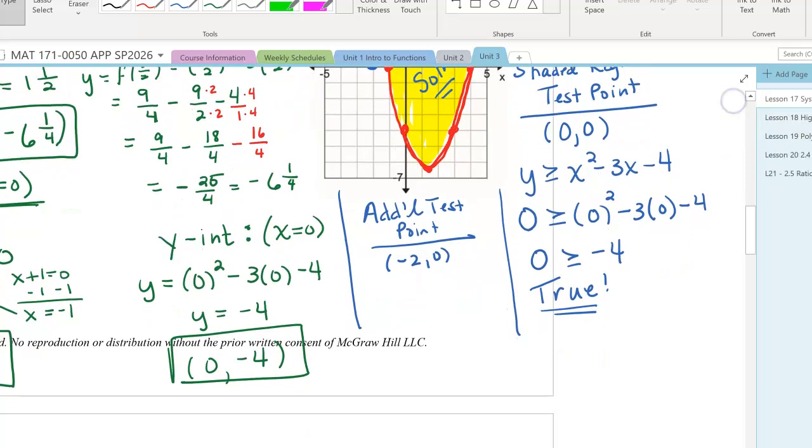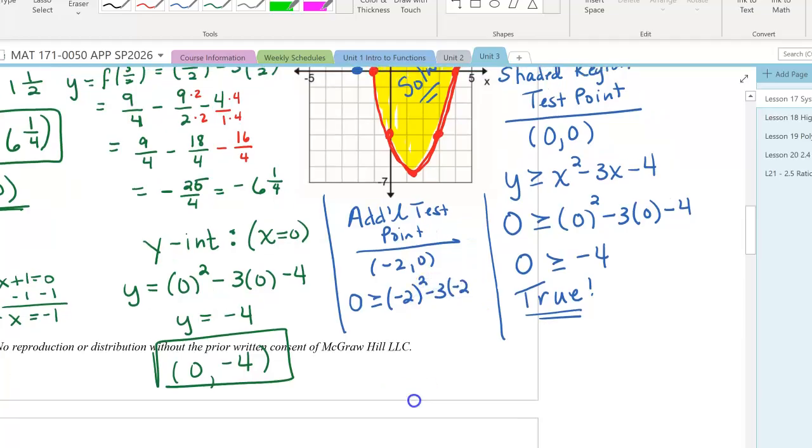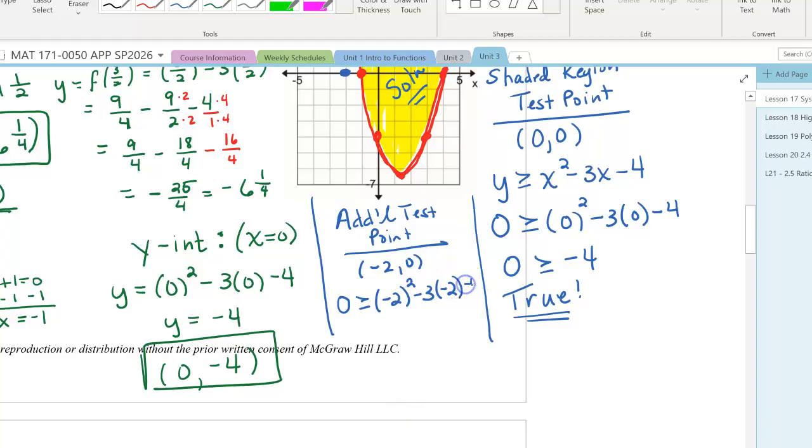And again, I'm going to plug it into my original inequality. So I have 0 is greater than or equal to (-2) squared minus 3 times -2 minus 4. That's going to give me 0 is greater than or equal to 4 plus 6, since -3 times -2 is 6, minus 4.